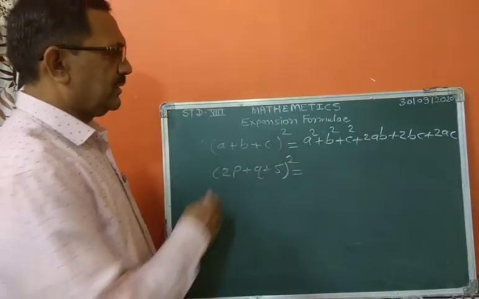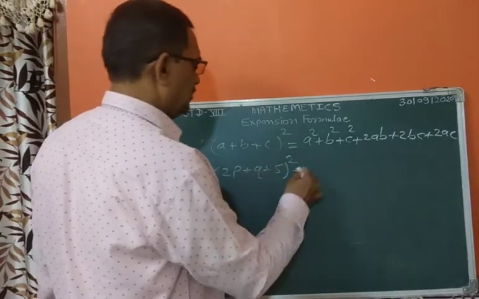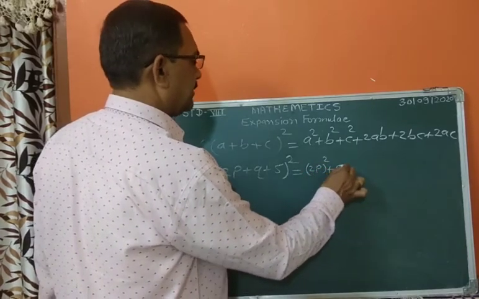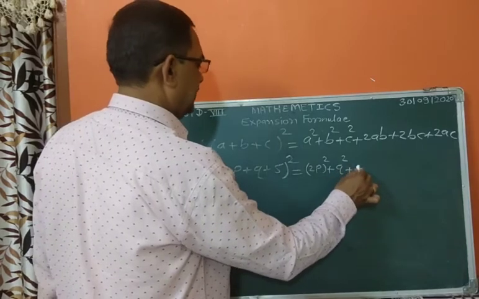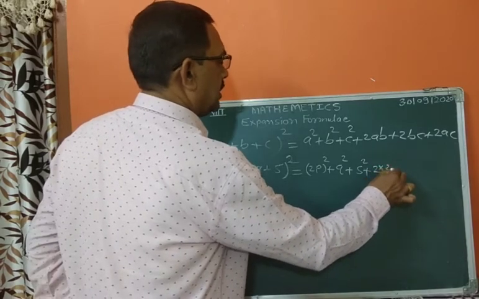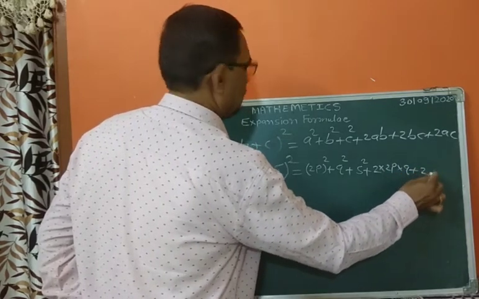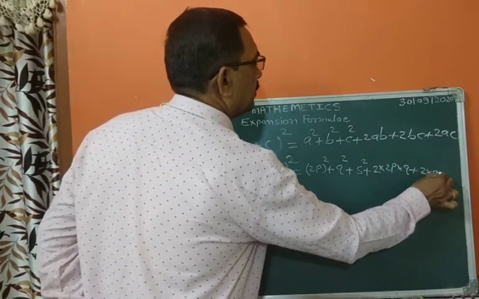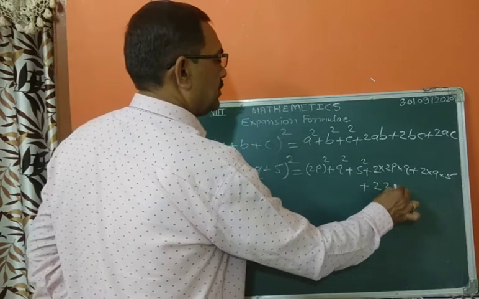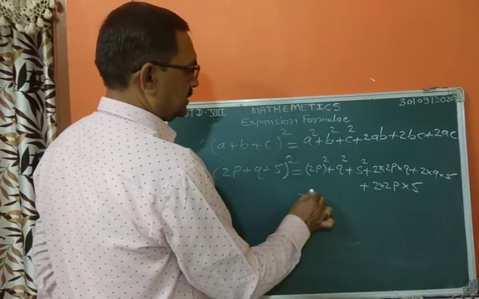So here also you remember the formula and put the values. First, square of the first term, means (2p)², plus second term q², plus third, 5², plus 2 into 2p into q, plus 2 into q into 5, plus 2 into 2p into 5. Then solve this.